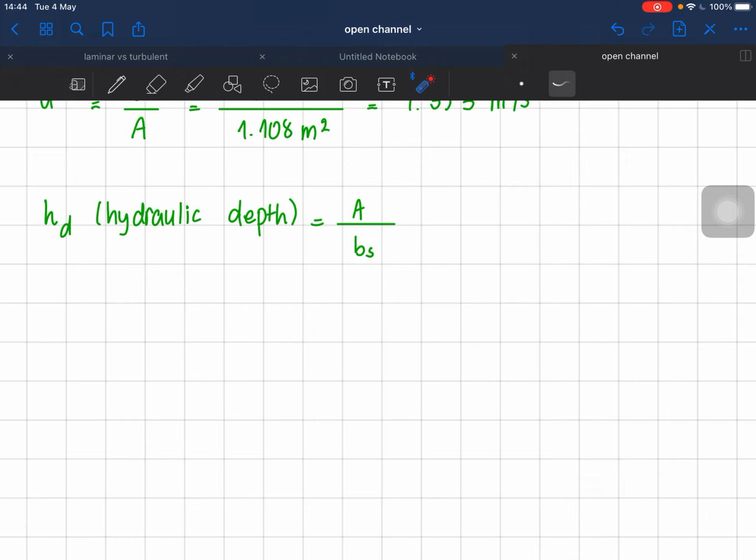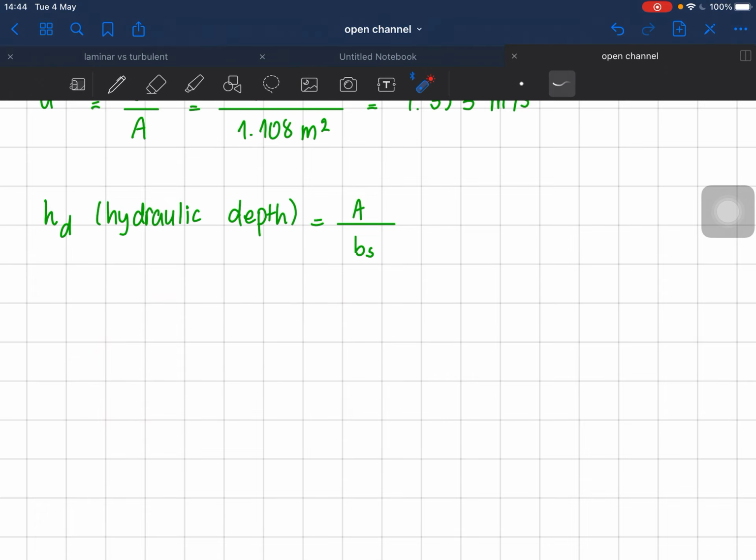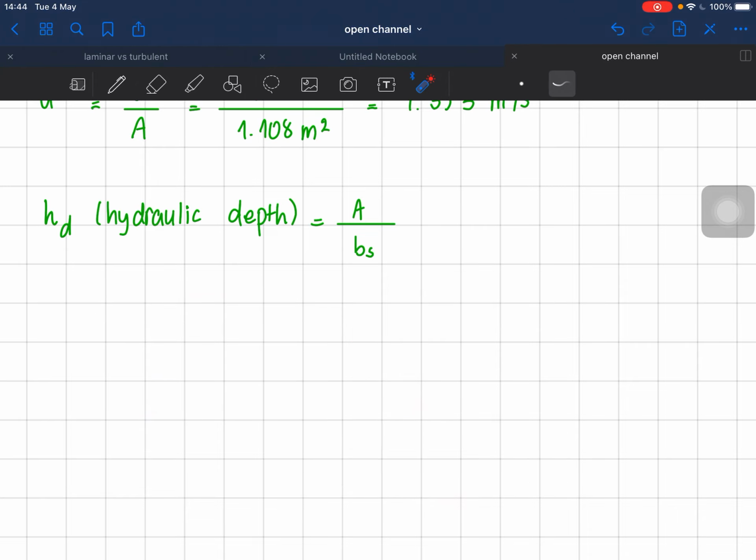It depends on the situation. Hydraulic depth and hydraulic radius are not the same. For example, for a rectangle, this is the depth here, and y is the hydraulic depth, but for the hydraulic radius, it's area over the perimeter, right? So of course, it's not the same. Don't be confused between the hydraulic depth and the hydraulic radius.